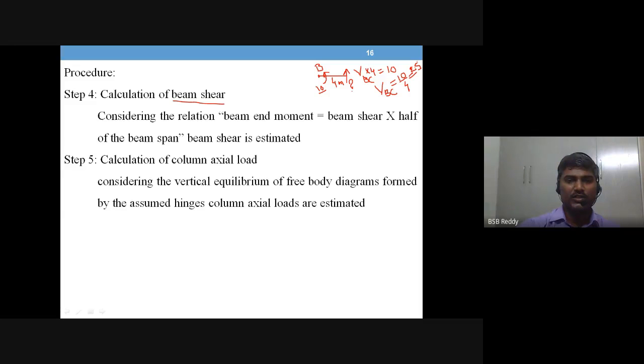Once you know beam shear, you are going to get column axial loads. So that's the last calculation. How do you get it? You take the free body diagram of the portion separated by points of contraflexure or hinges. Point of contraflexure is nothing but a zero moment point, an imaginary hinge you have. So you have forces like here there is a 2.5 beam shear.